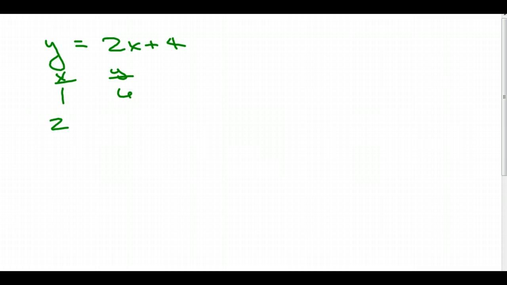If my x is 2, what's my y value? If my x is 3, what's my y value? Okay? So if I put in a number for x, it's going to kick out a y value.